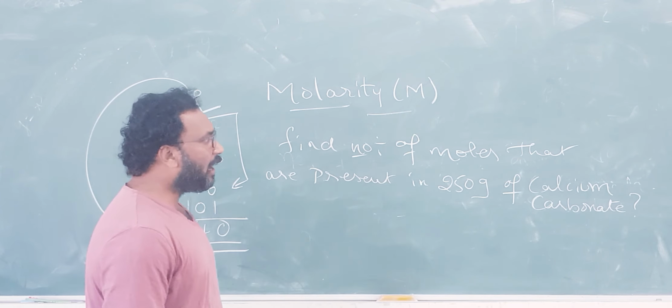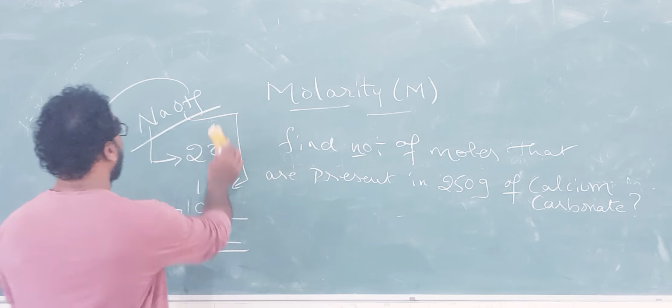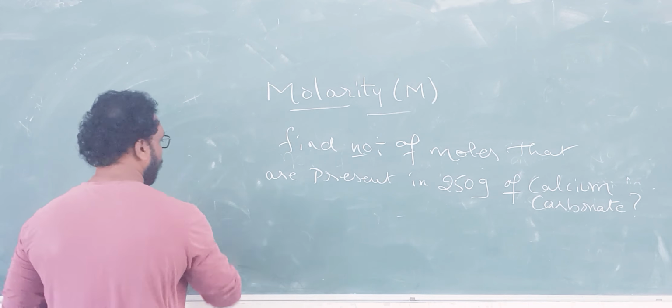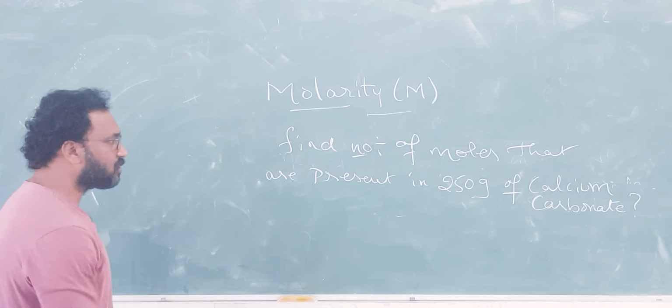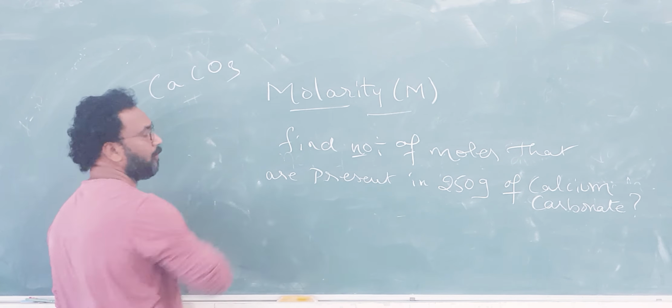Now we need to calculate the number of moles present in 250 grams of calcium carbonate. Again, we will calculate the atomic masses individually, then sum them up, then get the number of moles. The calcium carbonate formula is CaCO3.